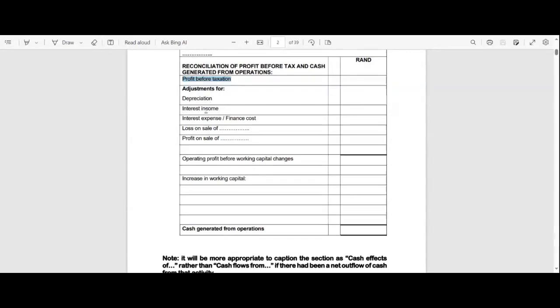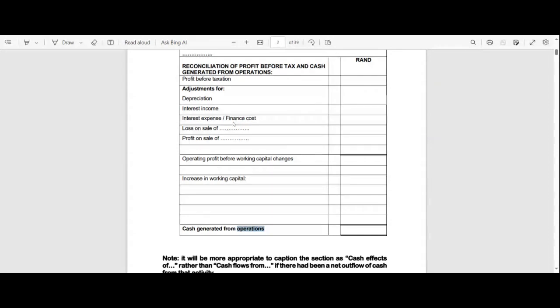and this is what this first section is all about here. We'll talk about this indirect method later on, possibly even next week. Only we'll see how far we get. So firstly, we're going to adjust that profit before tax, which includes all our incomes and all our expenses, to take out, to exclude any income or any expense that does not relate to our operations, right?